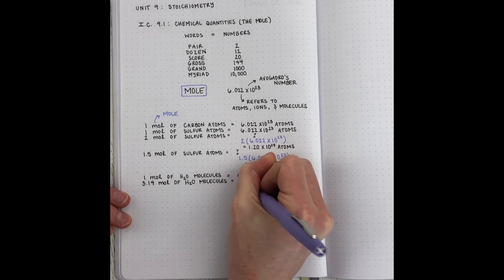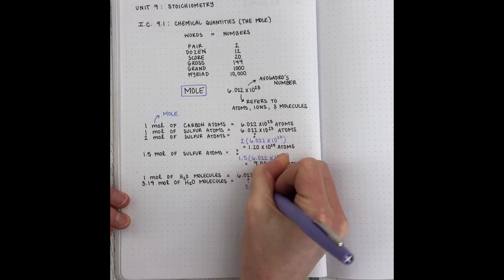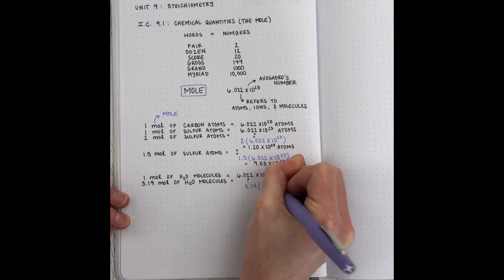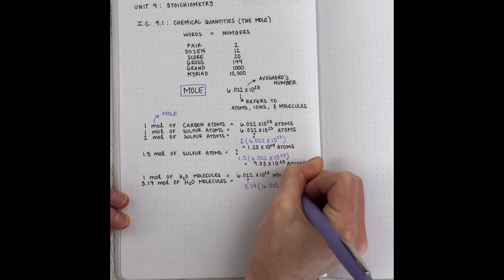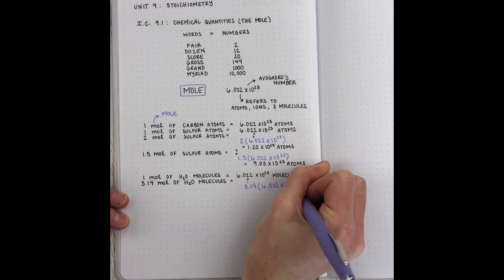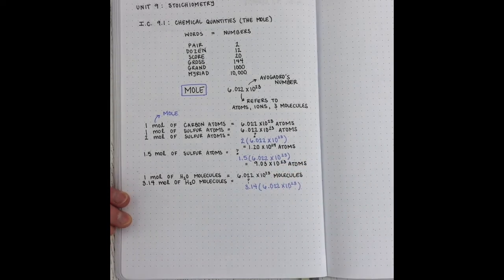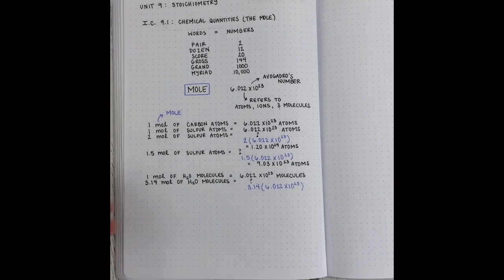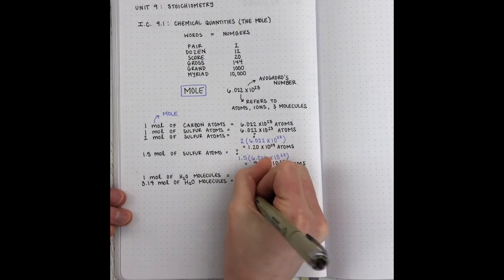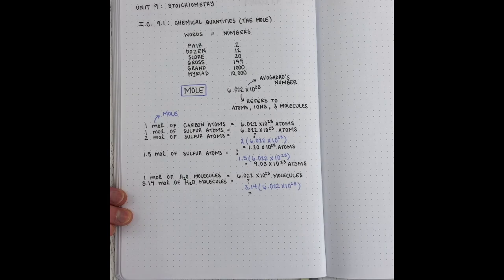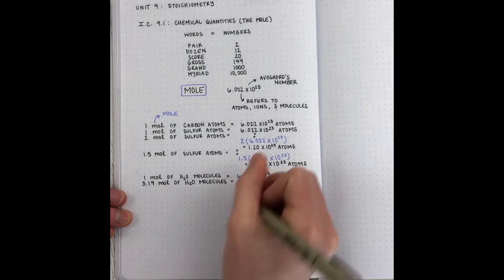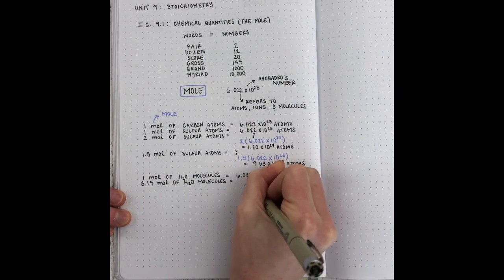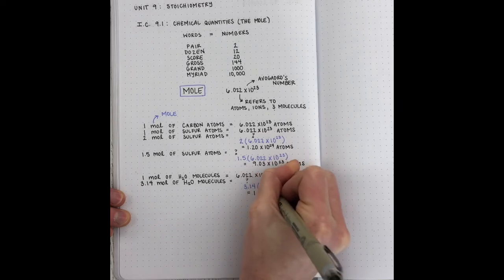Again, the relationship doesn't change, the formula doesn't change. We're still talking about a mole of something, so all we would do is take 3.14 and multiply that by Avogadro's number. It doesn't matter that 3.14 is a much messier number than 1 or 2 or 1.5. The formula remains the same, and we can still solve these problems.